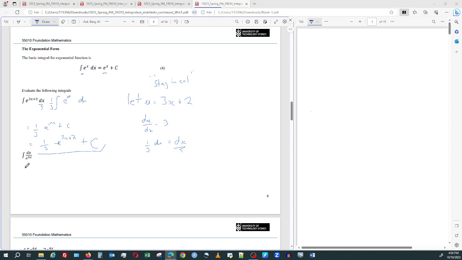Right, this can be rewritten with a negative index, e to the minus 5x dx. We can let u equal minus 5x.